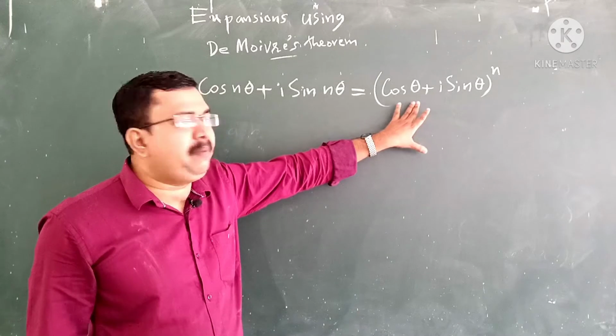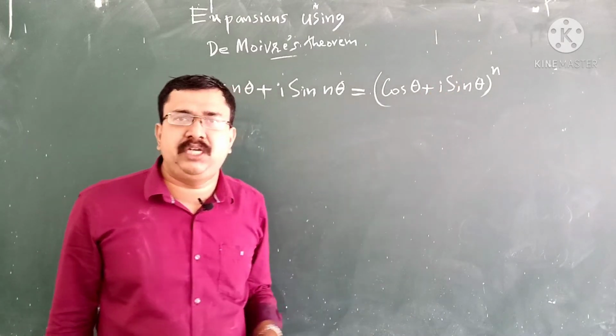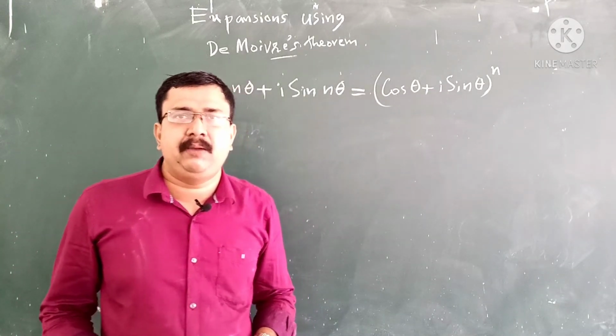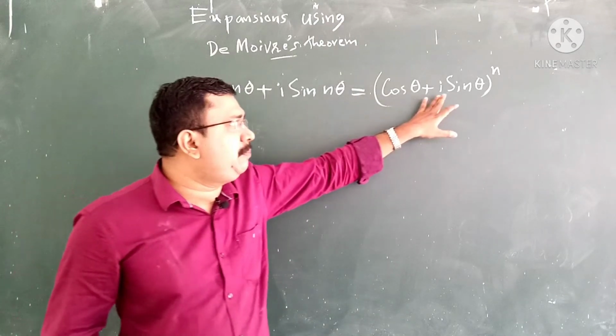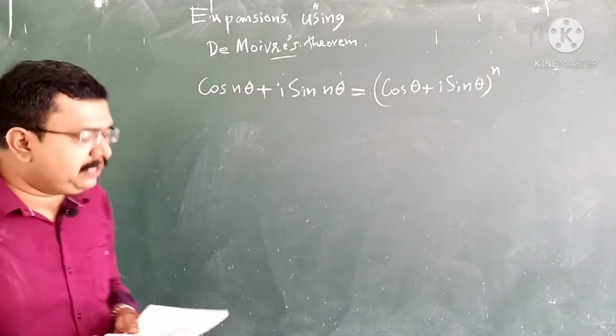Now we can expand cos theta plus I sin theta the whole raised to n by using binomial theorem. Okay, listen.